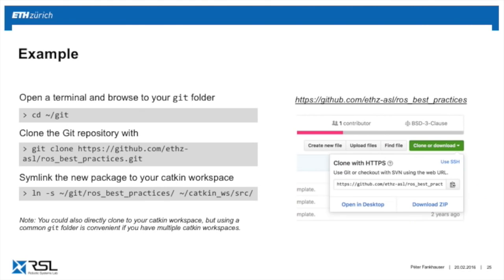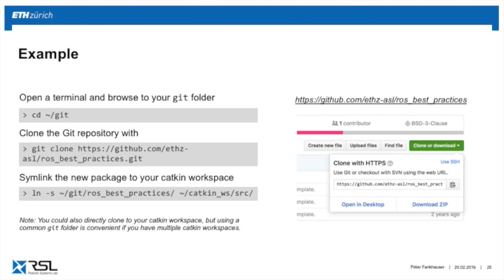Now we come to a second example. What I'd like to do is go, say, on a typical GitHub website and have you download, clone a Git repository. This is a typical tool that you'll see when working with software. And then we're going to build this on your system. So you can go on the website github.com/ethz-asl/ros_best_practices.